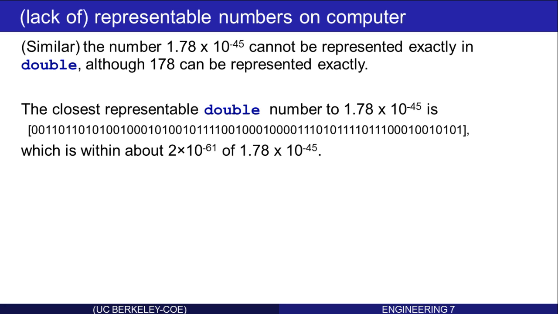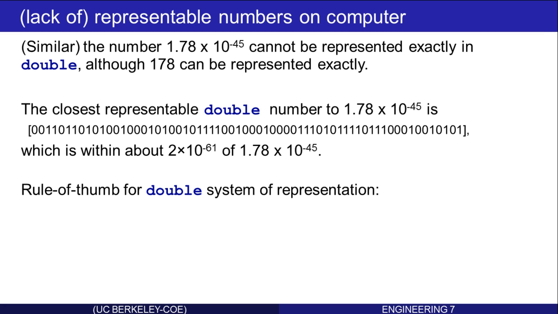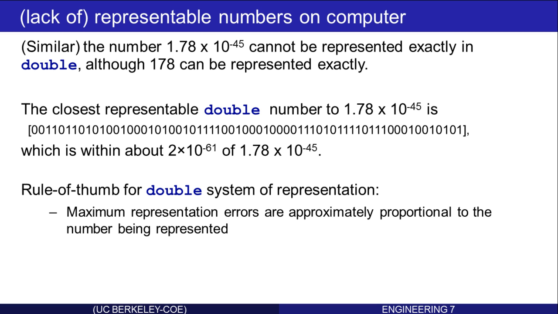Again, a relative error of about 1 times 10 to the negative 16. By two examples, we've observed a rule of thumb for a double system of representation, and that's that the maximum representation errors are approximately proportional to the number being represented. The proportionality factor for this bound is about 1 times 10 to the negative 16th.